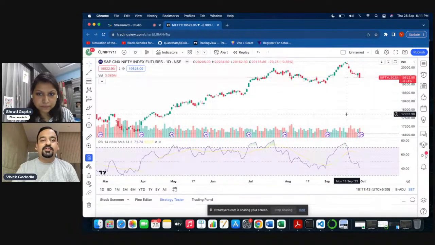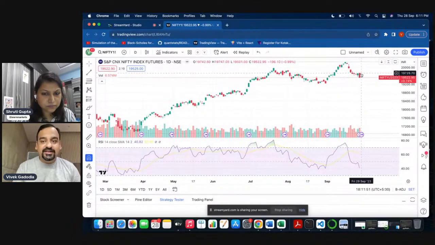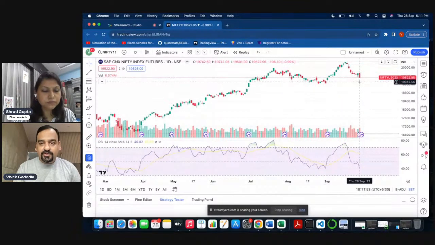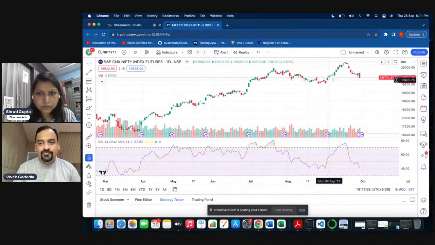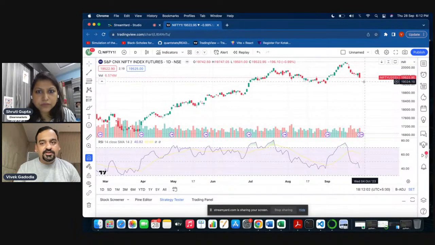So overall, as of now, the structure looks bearish in the immediate short term. At least medium term, we don't know. We'll see. This 19250 to 19300, 19400 zone obviously looks like a very strong demand zone, right? But if price tests, if it comes to test that and bounces from there, okay.